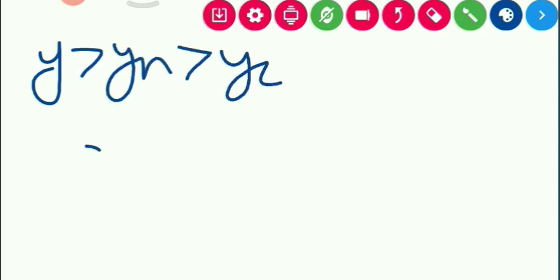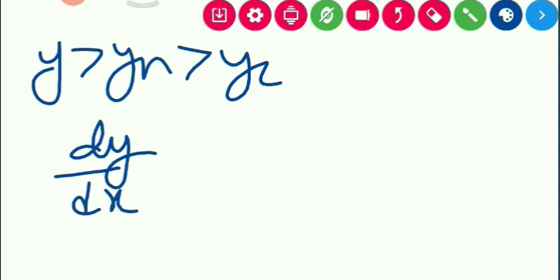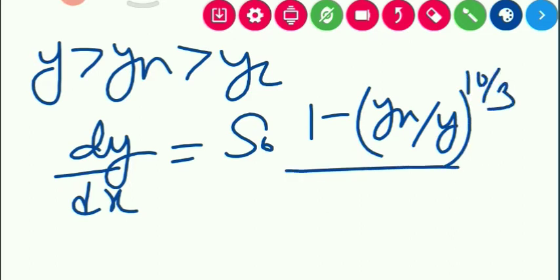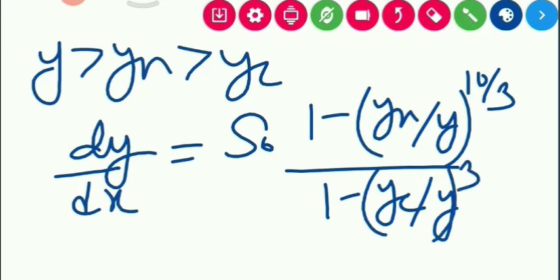Okay, in the last class we discussed the formula dy by dx is S0 into 1 minus yn upon y to the power 10 by 3, divided by 1 minus yc upon y to the power 3, where yn is the normal depth of the flow and yc is the critical depth of the flow.